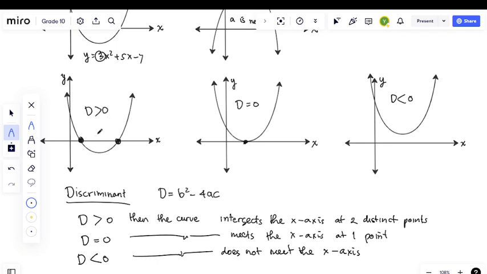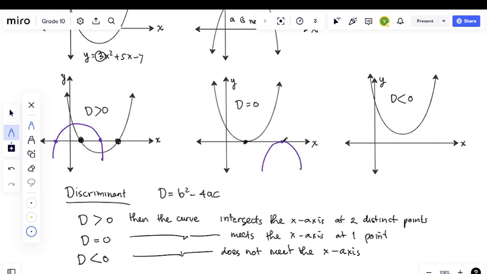Nah, jangan salah, do not have a wrong perception. The D more than 0 is not always like, enggak selalu menghadap ke atas ya. This is just one of the examples. Jadi bisa juga nanti kurvanya misalnya seperti ini. Meet at two different points, or maybe the curve is like this.